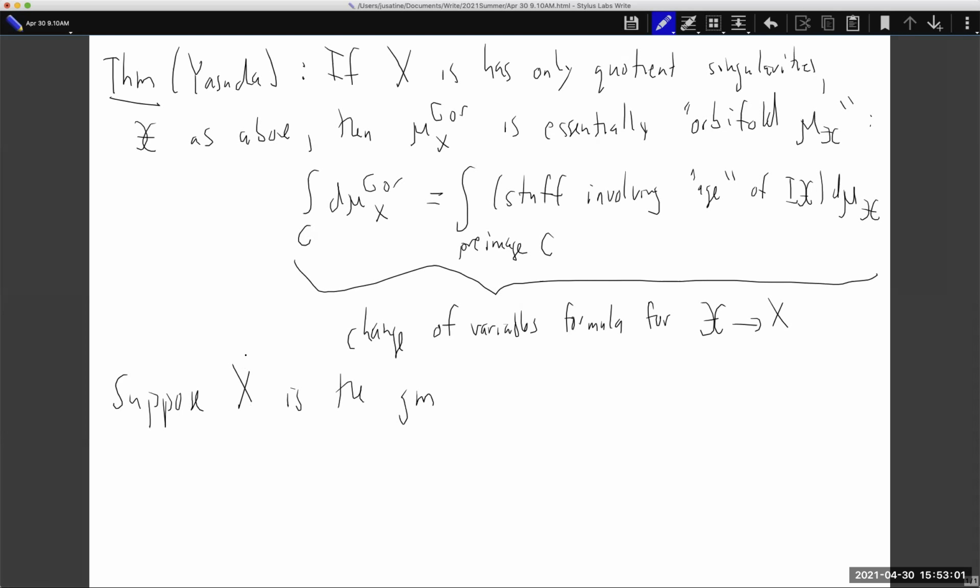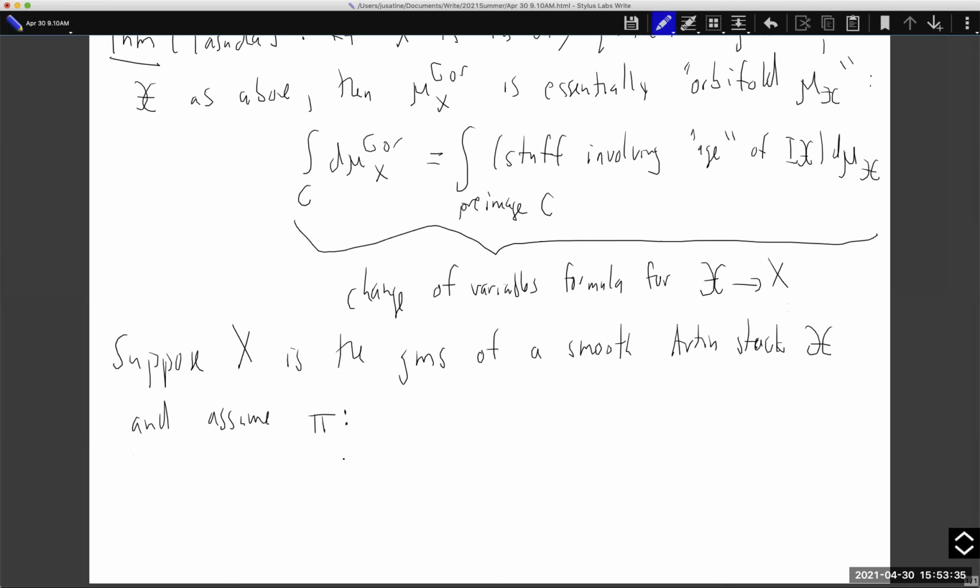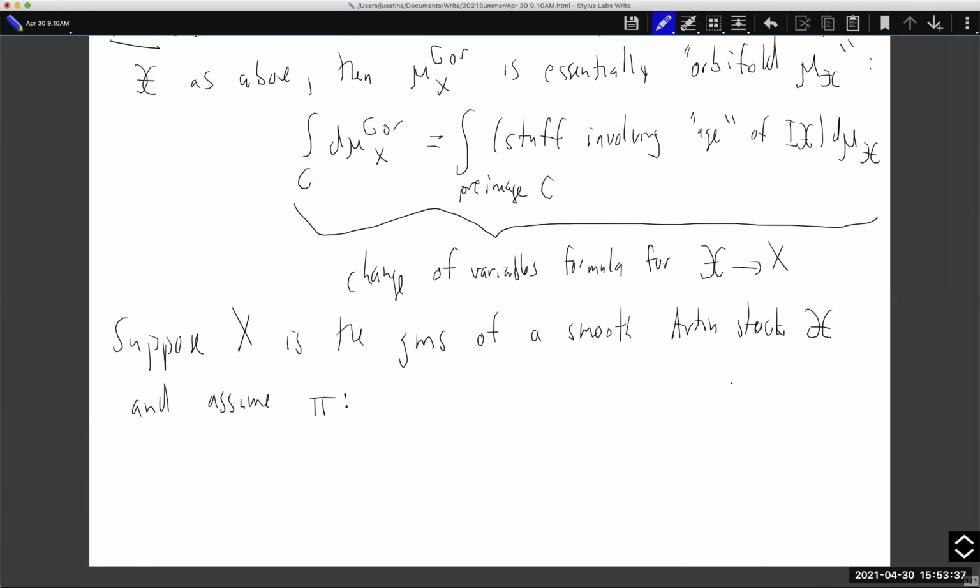So the variety X, that so far has just been something where I can define stringy Hodge numbers, I want to restrict to the case where it's the good moduli space of a smooth Artin stack. As I said before, anything coming from GIT is going to be an example of this. And furthermore, I want to assume something that should play the role of this good moduli space, the stack, being a crepant resolution.